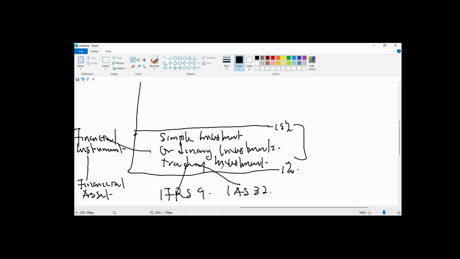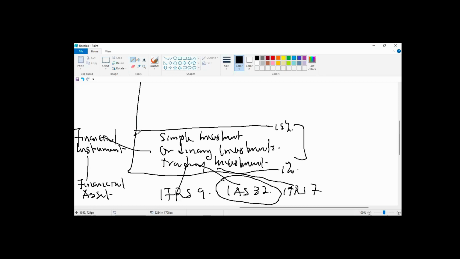Then IFRS 7. We are going to treat this one separately. In the next 2 weeks, you will see it. All these are used to account for this kind of investment, which is known as ordinary trading or simple investment.